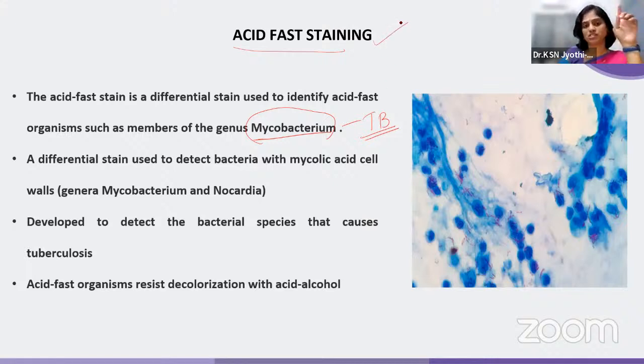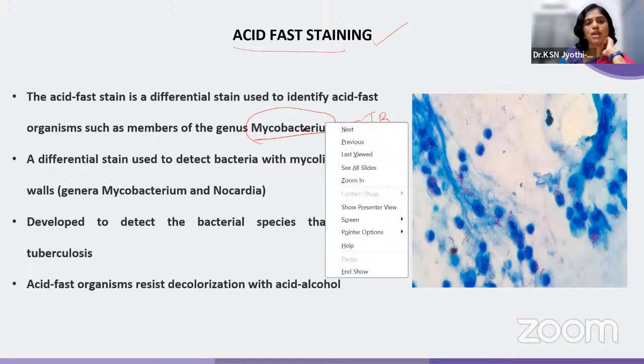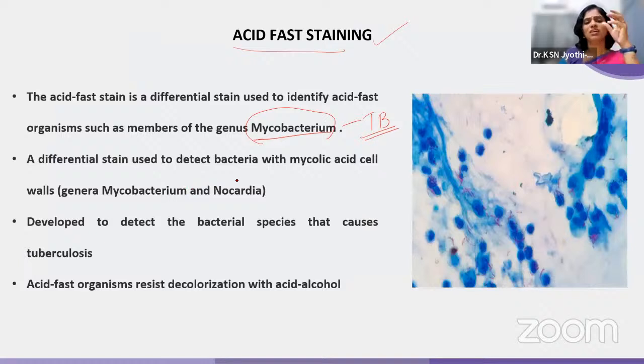we can do this acid-fast staining. In this kind of bacteria, Mycobacterium, they have a very thick, impenetrable cell wall structure because they have mycolic acid in them. Bacteria belonging to Mycobacterium or Nocardia have an impenetrable cell wall, so your gram stain may not be able to give a clear idea about this.